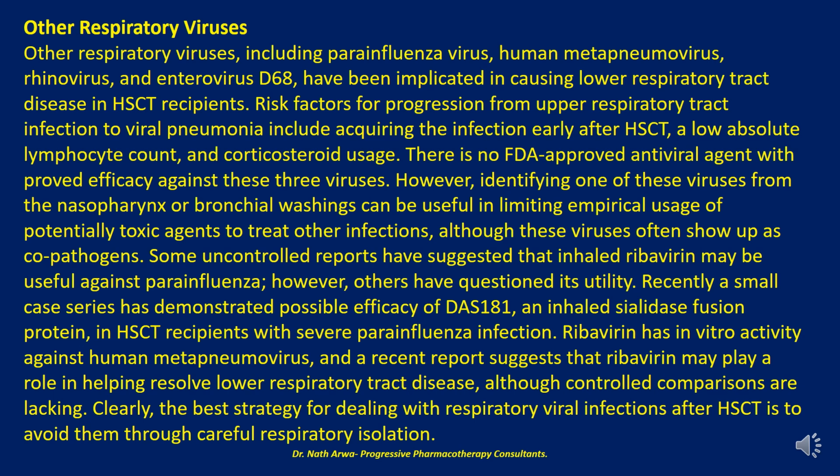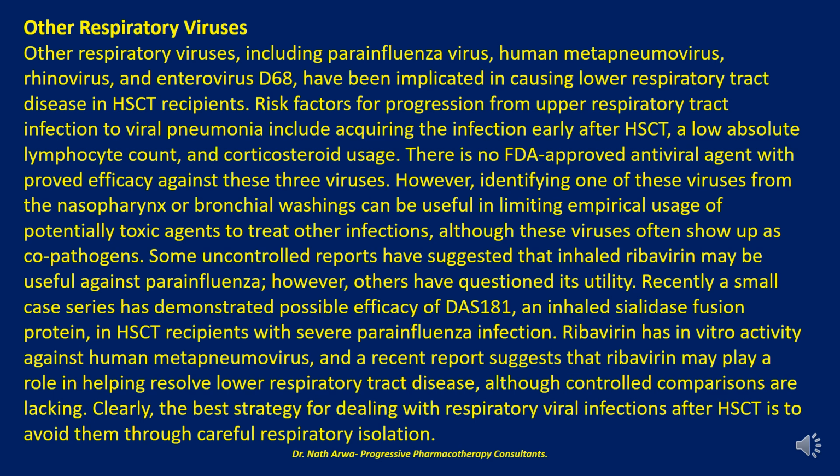There is no FDA-approved antiviral agent with proved efficacy against these three viruses. However, identifying one of these viruses from the nasopharynx or bronchial washings can be useful in limiting empirical usage of potentially toxic agents to treat other infections, although these viruses often show up as co-pathogens.